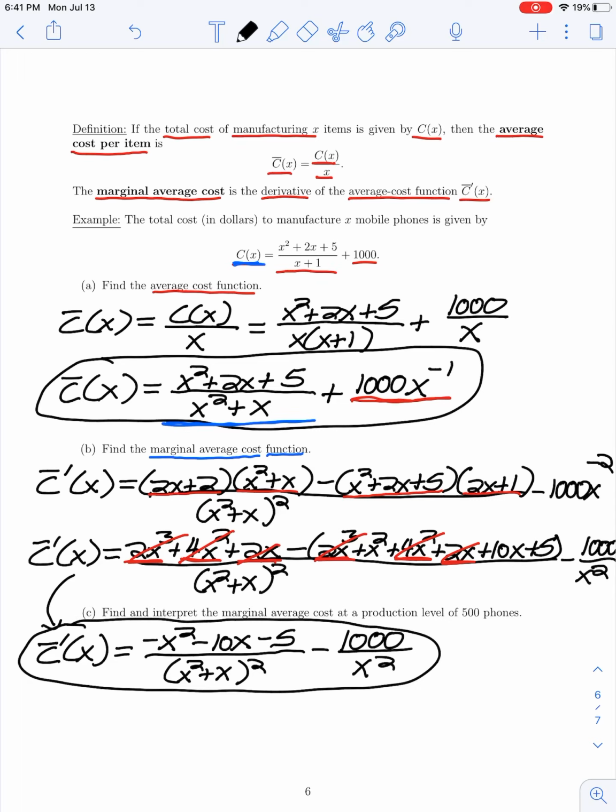And then in the last part of this example, part C, we are asked to find and interpret the marginal average cost at a production level of 500 phones.